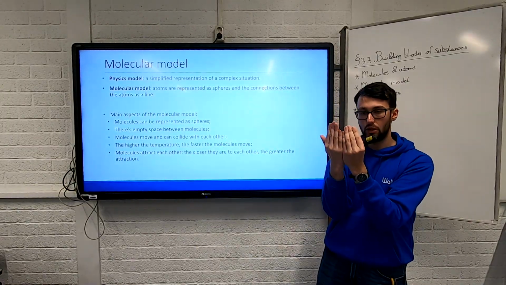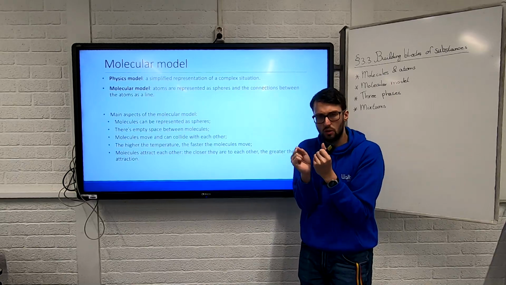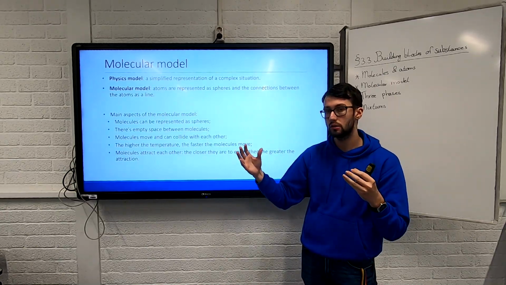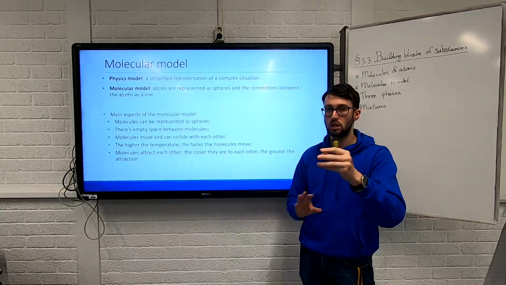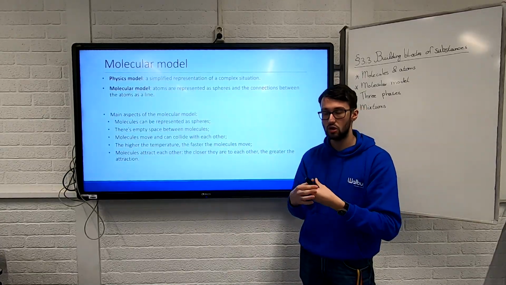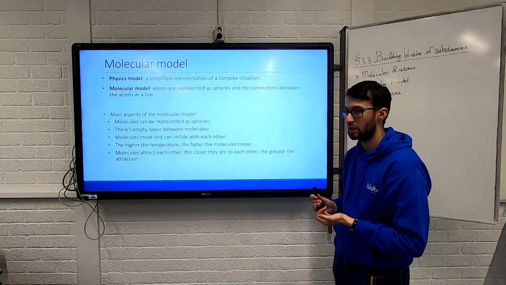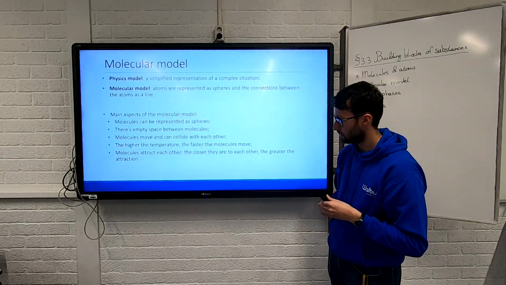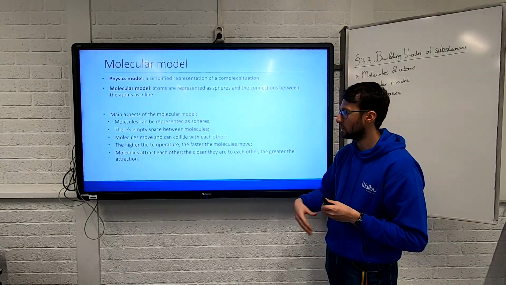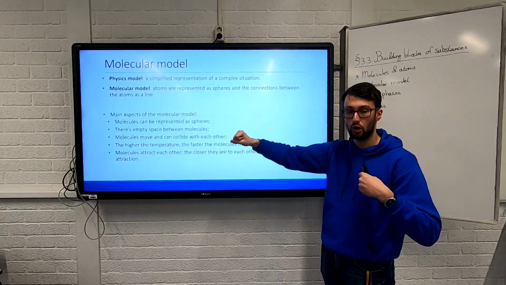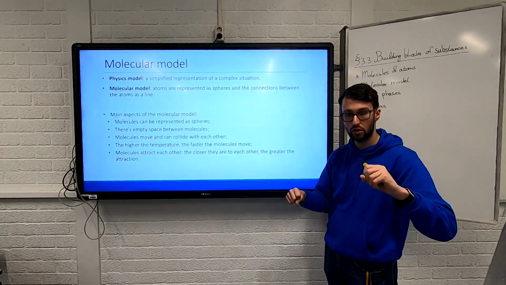So the same works with molecules. Molecules, when they're very close together, they like to stay together, and if they are a little bit further apart, they don't really have one big cohesion. It's more of a freely moving substance. Very important to realize, if they move faster, they need more energy because they collide with each other.